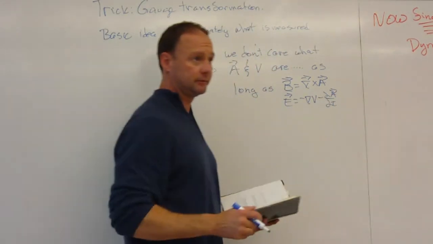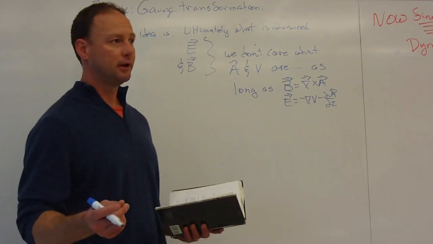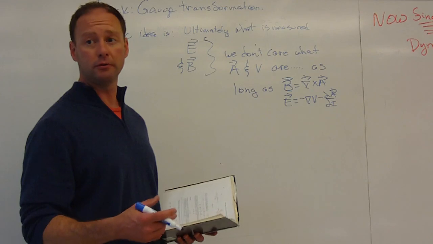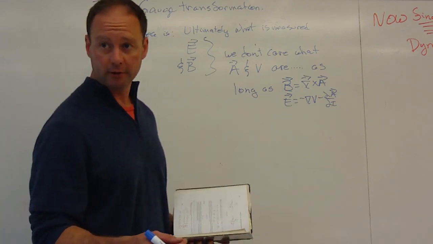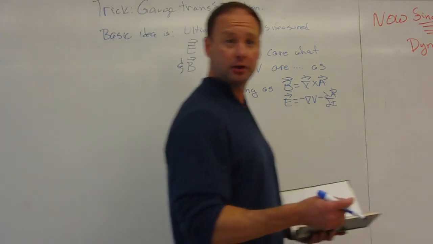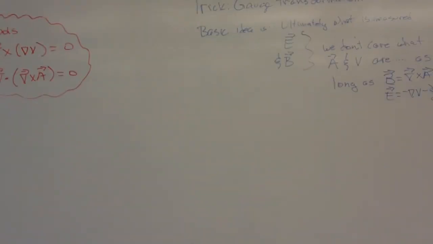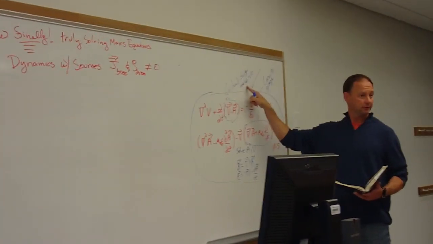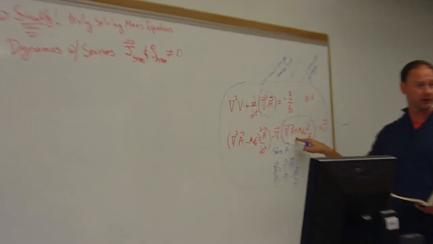As long as they satisfy those two equations, it doesn't matter, and that's called gauge freedom. You're free to choose A and V to be whatever you want. The strategy is to choose them to make this happen for the Coulomb gauge, or to make that happen in the Lorentz gauge.